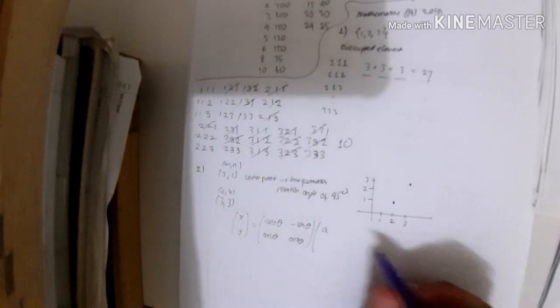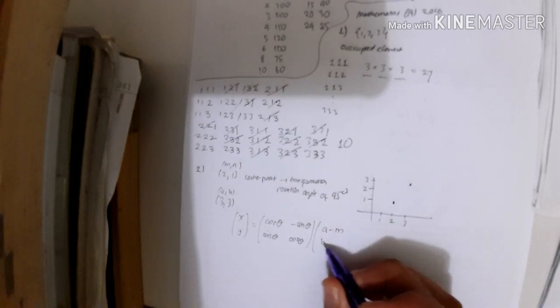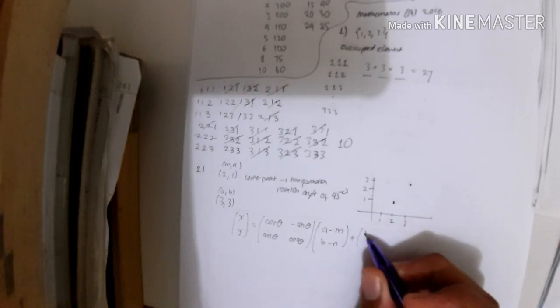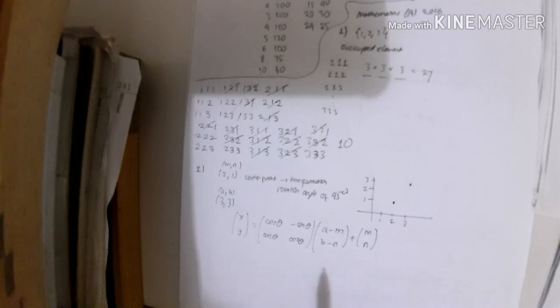Because we have a center point (m, n), we use (a minus m, b minus n), plus (m, n). So this is the formula.